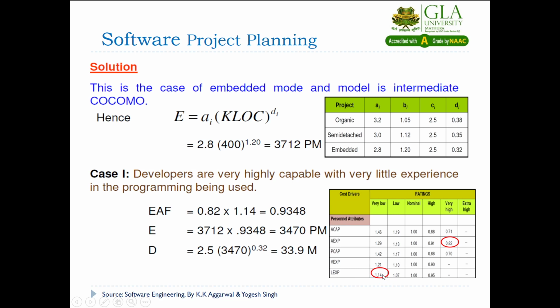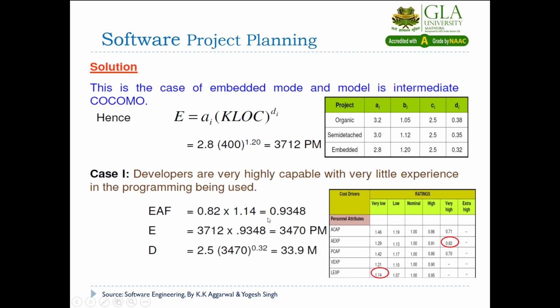You will multiply both: 1.14, and developers are very highly capable, meaning they have too much experience to develop embedded type projects. So they go for application experience, and they have good application experience. So there is 0.82, very high experience. You will multiply 0.82 by 1.14 and you will get the EAF.